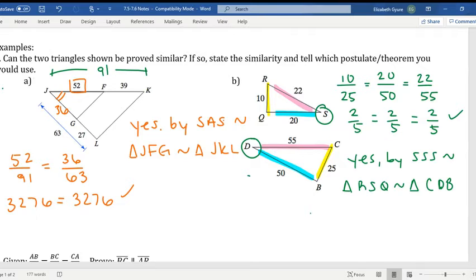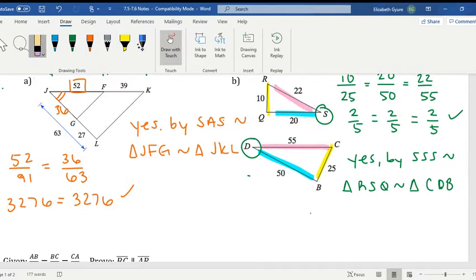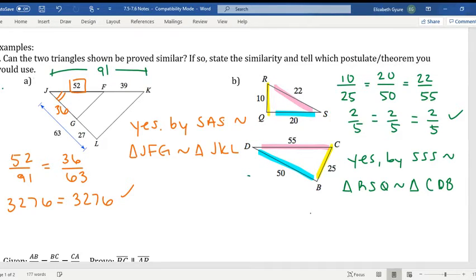Hence why I really recommend the color coding for some of them, because it can be a little misleading, what corresponds with what. So make sure you look at the numbers. But yeah, this one, they would have congruent angles. They're just not provided to you. Does that make sense, David? Yeah. So it's kind of at an angle and reflected.